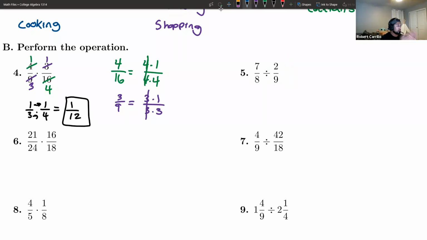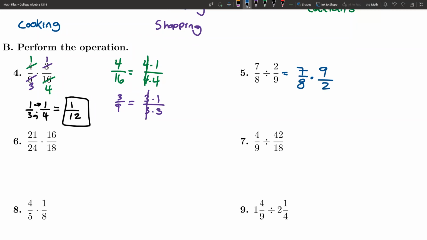So you will multiply by the reciprocal, or since students don't like to say reciprocal, they like to say flip. You combine both words and you multiply by the flippercle. How's that? You're like, yeah, whatever. All right. So we multiply by the reciprocal. So this becomes 7/8 times 9/2.